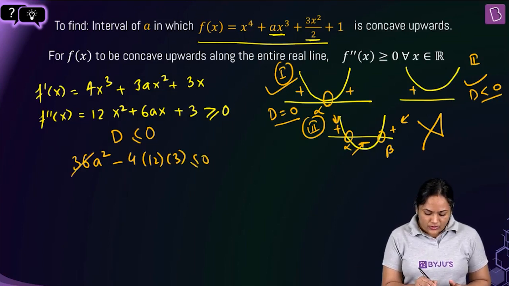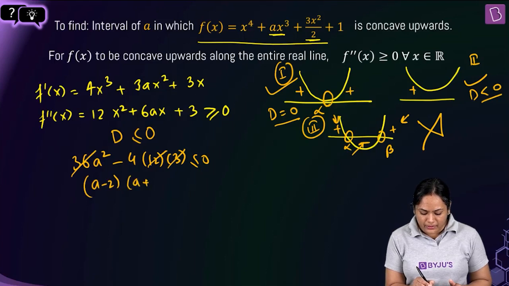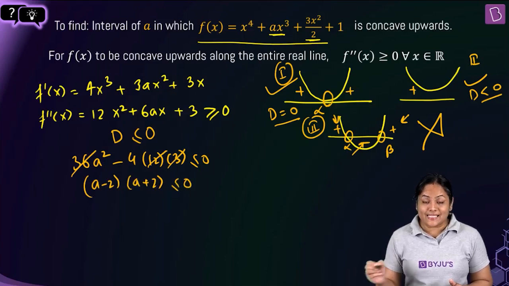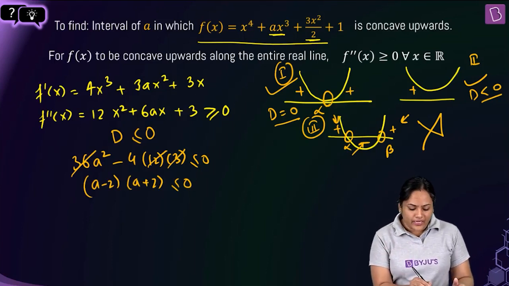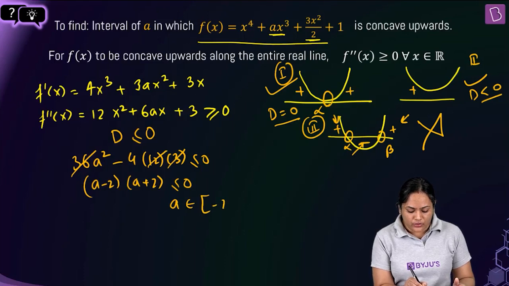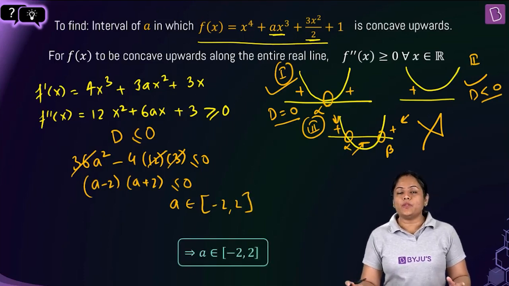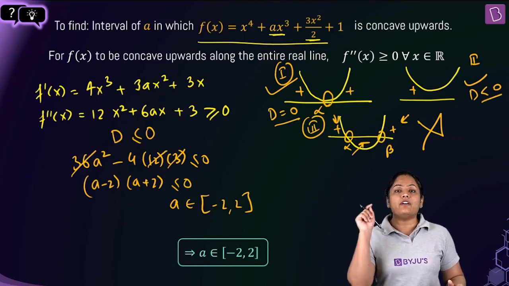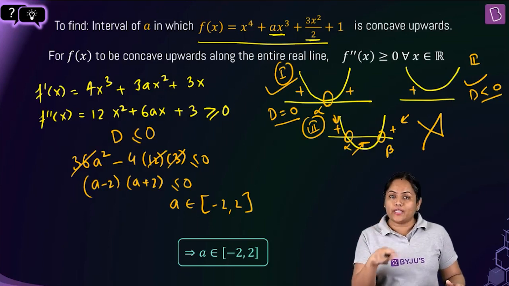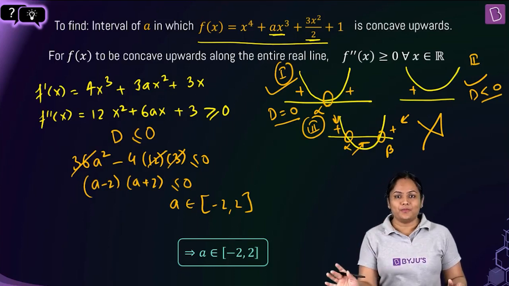So the 36, 12 and 3 get cancelled, and we know the factors are (a - 2) multiplied by (a + 2) less than or equal to 0. Equality is allowed. From here we get the value of a belonging to the interval [-2, 2]. This will be the set of values of a for which this entire graph will always be concave upwards.